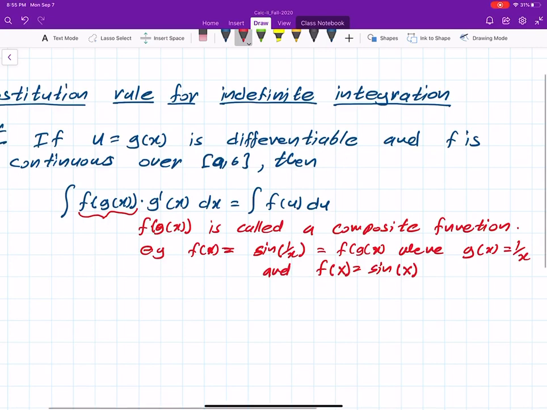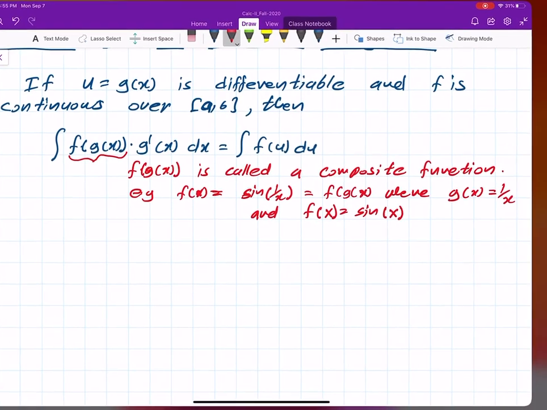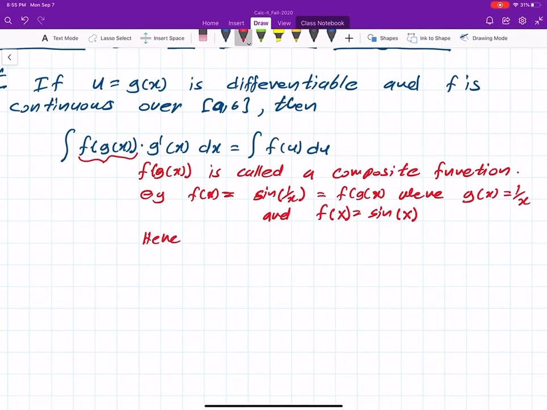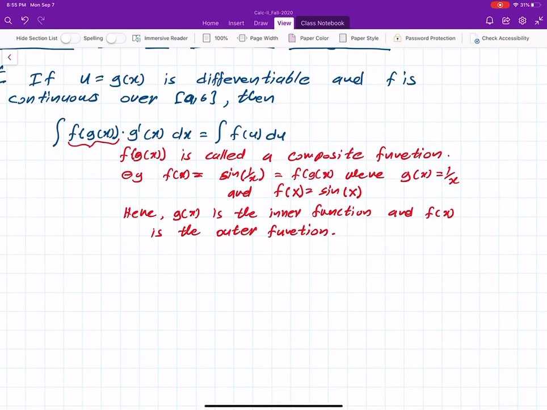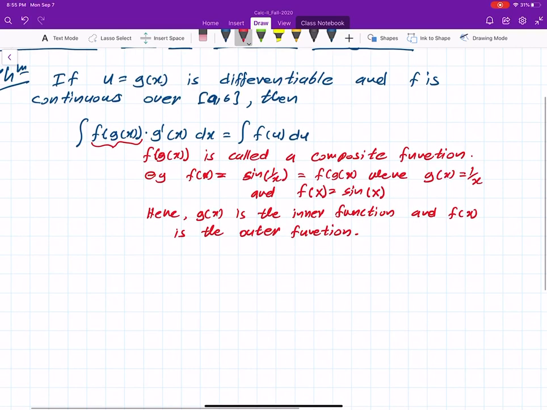Here g of x is the inner function and f of X is the outer function. Good. So you know about composite functions now.